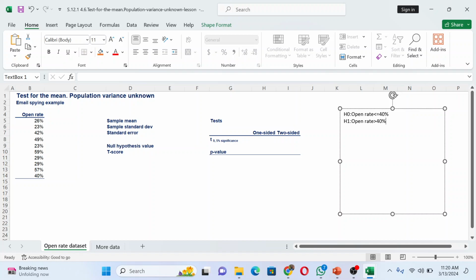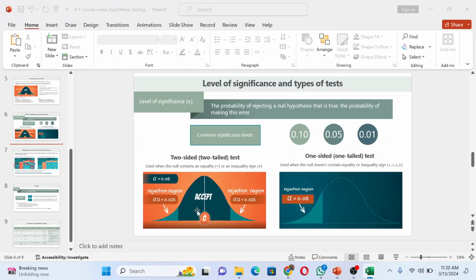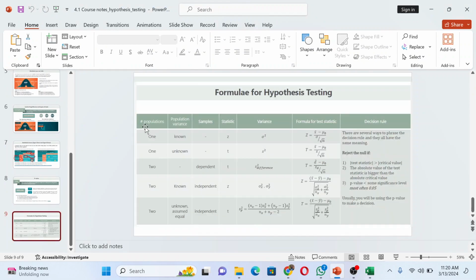So this is a one-sided test. The statistic we are going to use, according to our notes, because the population variance is unknown, is the T, or the student's T statistic.